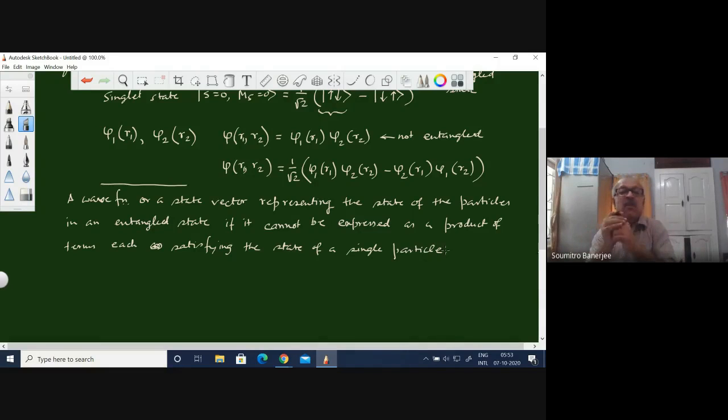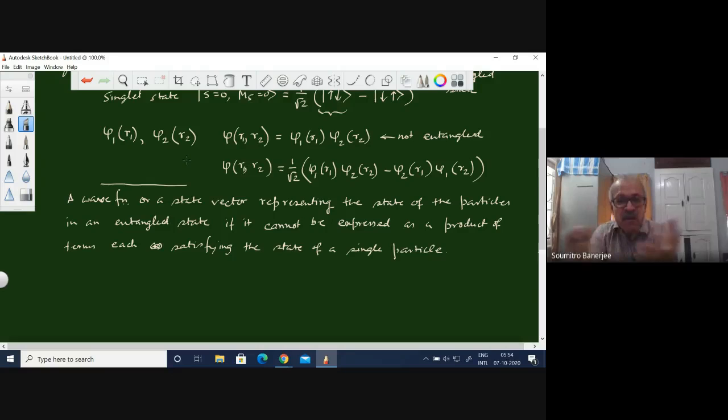So effectively, all I'm saying is that, be it a question of the state in terms of the wave function or in terms of the spin, if the state of the system cannot be expressed as a simple product of the terms that come from each particle's state, then the system is in an entangled state.